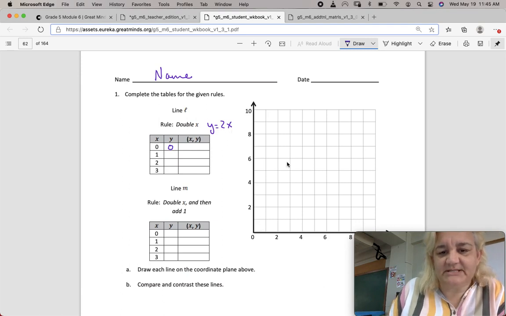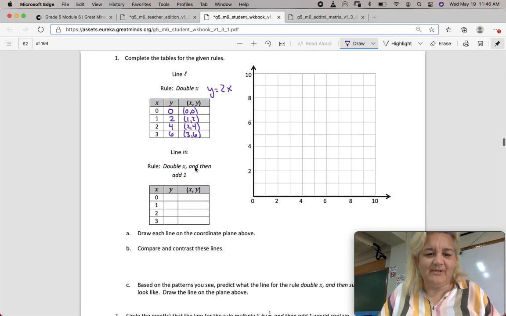Remember, multiplication is going to go up like this. 1 times 2 is 2. 2 times 2 is 4. 3 times 2 is 6. And so our coordinates are 0, 0, 1, 2, 2, 4, and 3, 6. Okay?